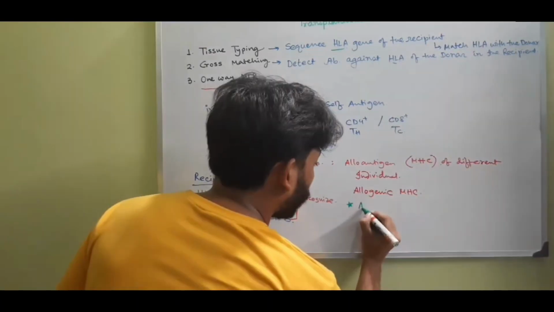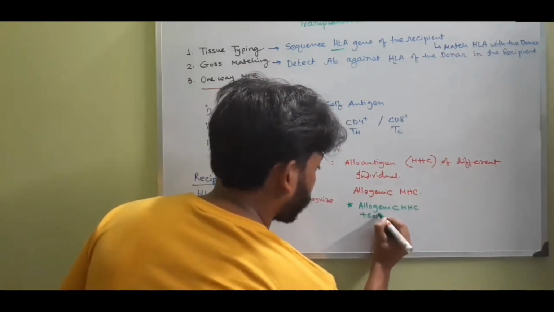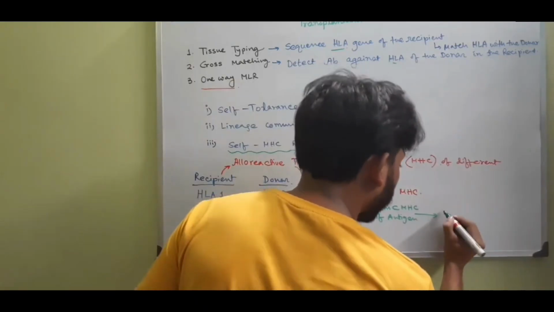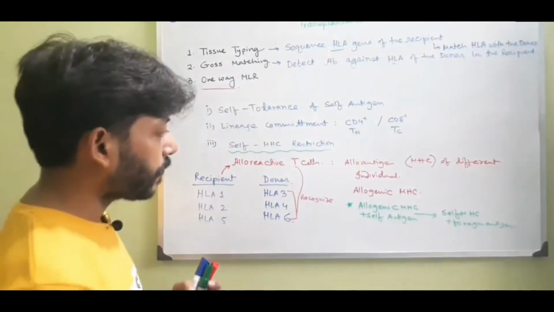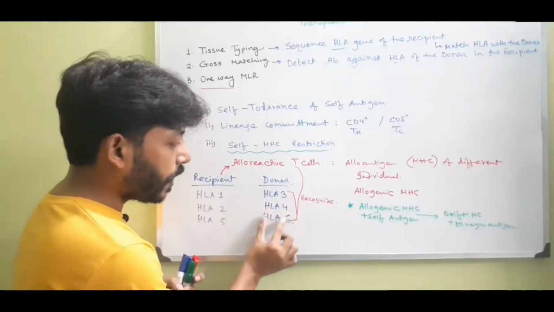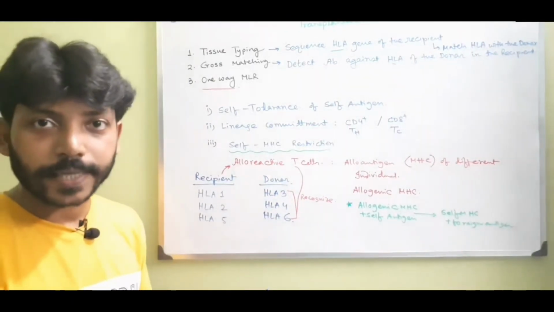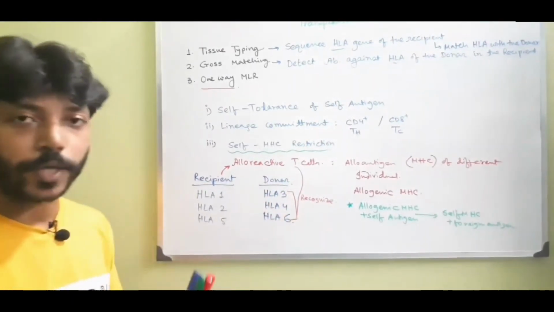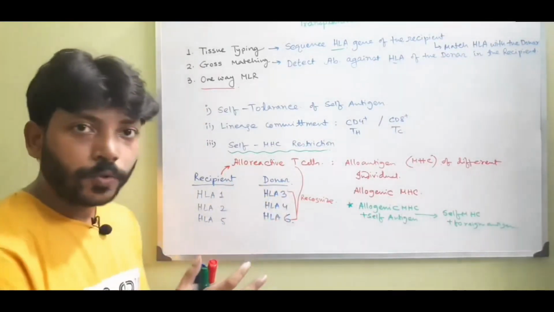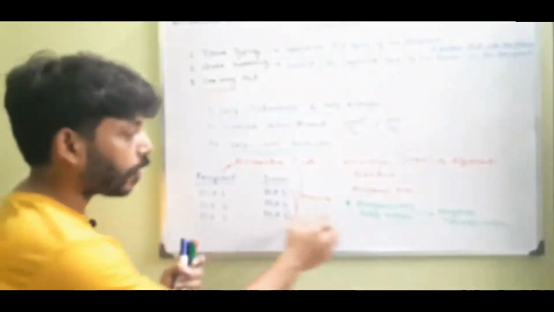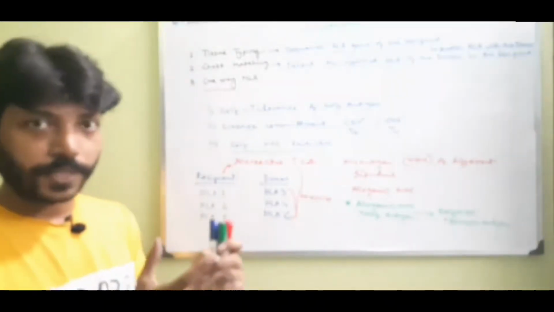The answer is that allogenic MHC molecule associated with self-antigen looks very similar to self-MHC with foreign antigen. When these MHC molecules are presented by dendritic cells or endothelial cells, any cells of the donor tissue, the donor tissue has MHC molecule, it could be MHC1 or MHC2. When the donor tissue cell presents these allogenic MHC molecules, they present them with self-antigen. The MHC molecule is not empty.